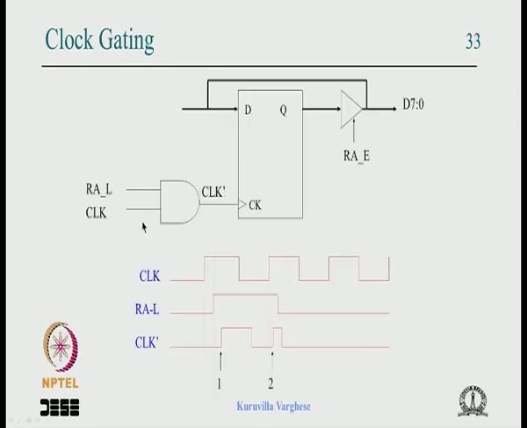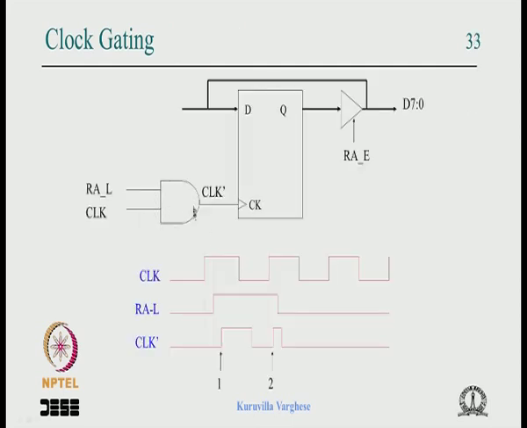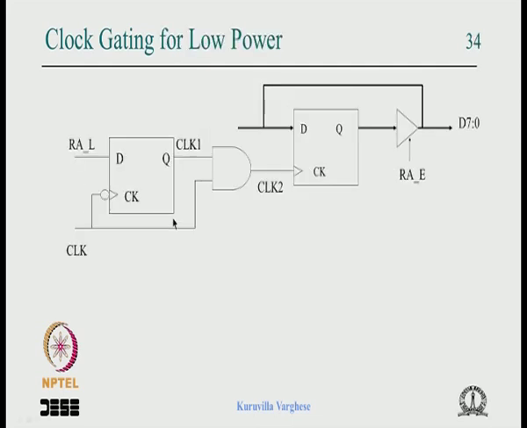Now earlier we had this scheme and this is converted to this. Many a times the tools, when they see such clock gating, can easily convert it automatically to this by inserting a negative edge triggered flip flop.